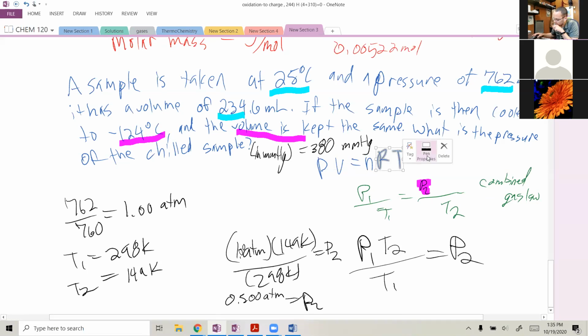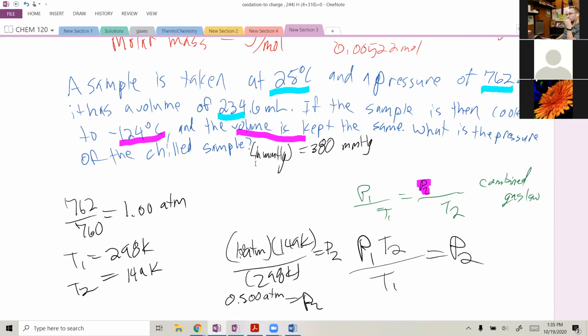I guess it depends on what units the question is asking for. So let's say that we're asking for millimeters of mercury. I guess we could also mention that it's the final pressure. Right?